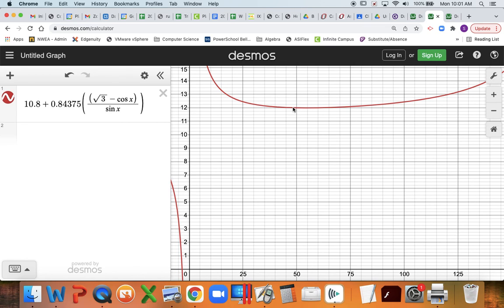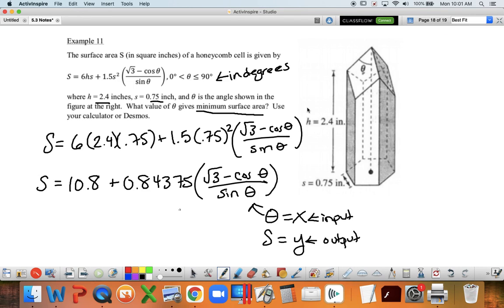What is the smallest value that we get? Usually Desmos will help you find that minimum point. So my minimum angle that will give me the smallest amount of surface area, which is about 12, is 54.74 degrees. So that is my answer to this question.